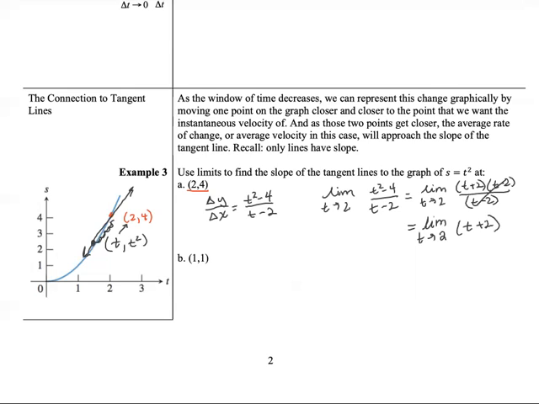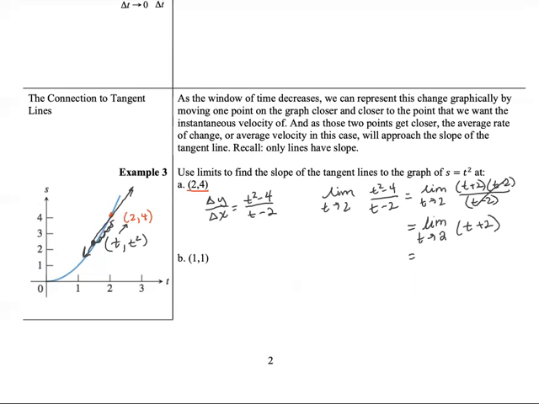Now the limit means what's happening as t gets closer and closer and closer to 2. So we want to look at what's happening when t is 1, when t is 1.5, when t is 1.75, 1.9. But we can see that this graph is continuous, so we know that that value that it approaches will be when t is 2.